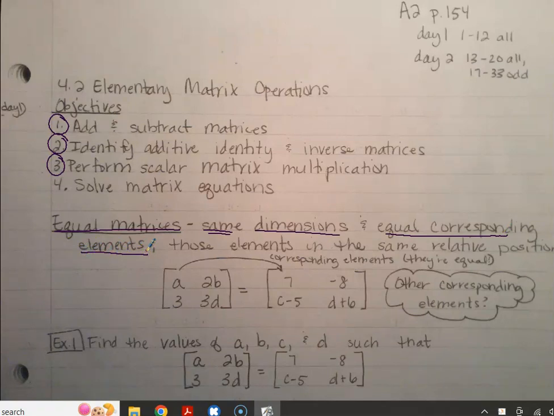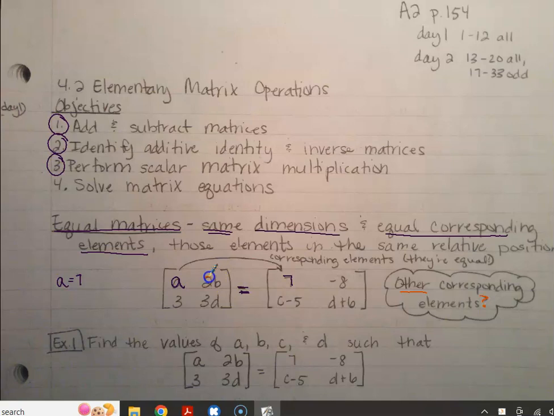So this is kind of cool. If we look in this example, we see that we have equal matrices. This is going to be really helpful when it comes to solving equations. So we have A corresponding to 7, which means that A equals 7. What are some other corresponding elements?